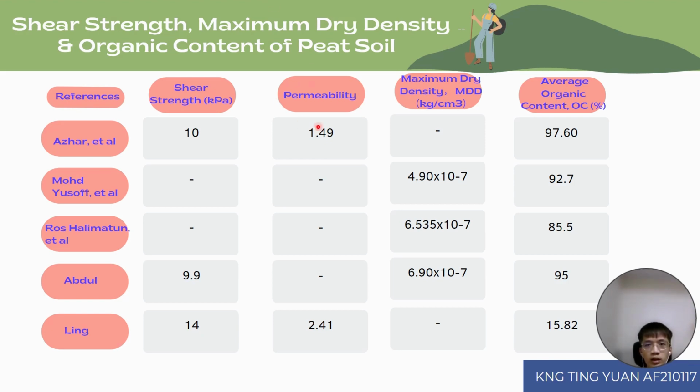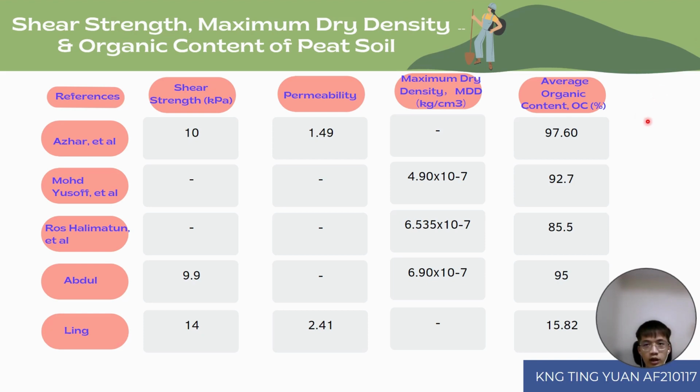The permeability from both authors is 1.49 and 2.41 respectively, which shows the low permeability of peat soil compared with fine and silty sand. The range for maximum dry density of peat soil is quite near, which are 4.9, 6.535, 6.9 times 10 to the power of -7 kg per cm cubed respectively.